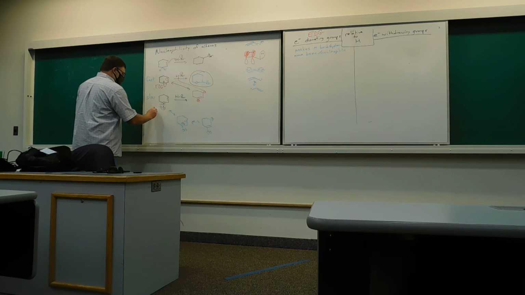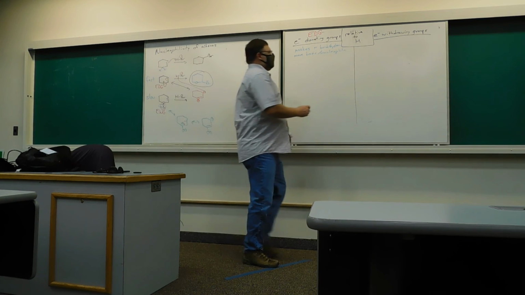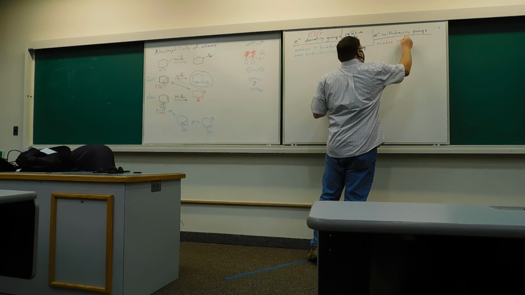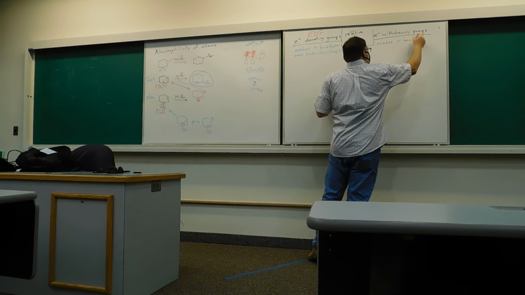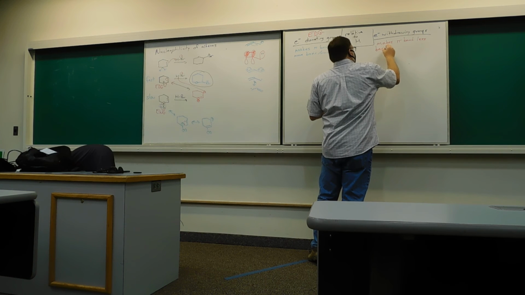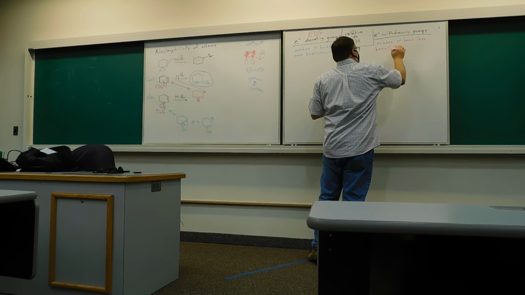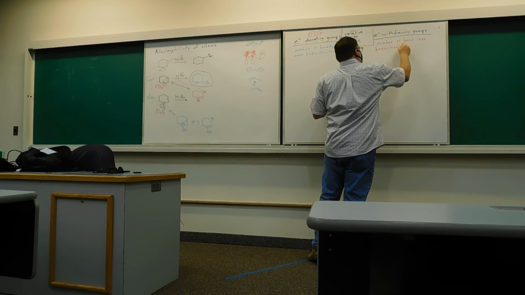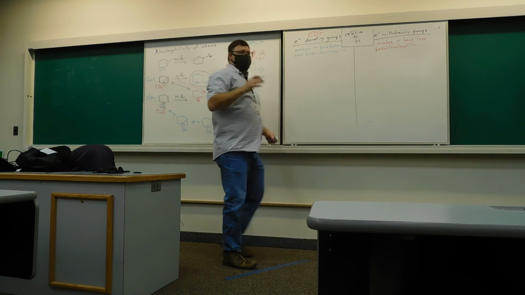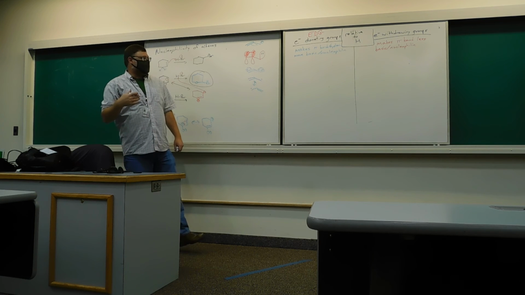The carbonyl itself is an electron withdrawing group. Okay, so an electron withdrawing group is going to make the pi bond, or the pi system it's bonded to, less basic or nucleophilic.